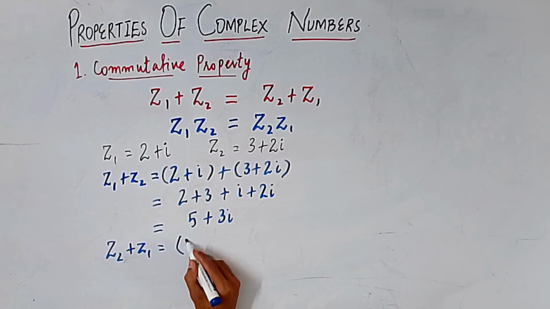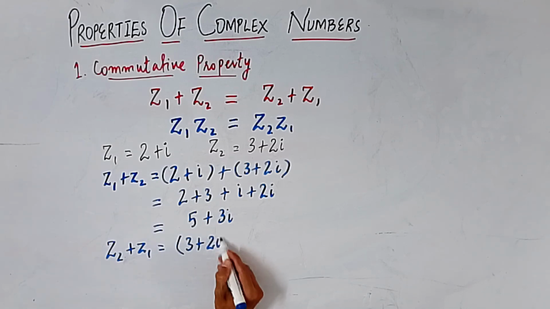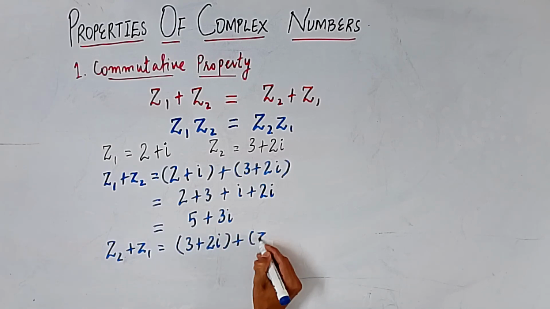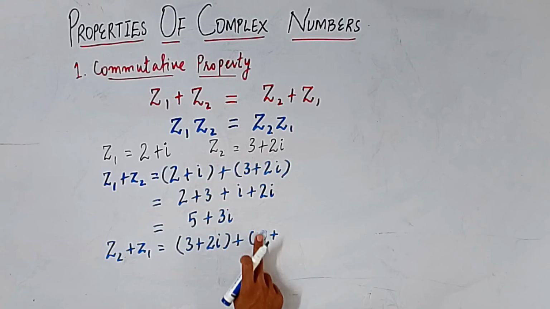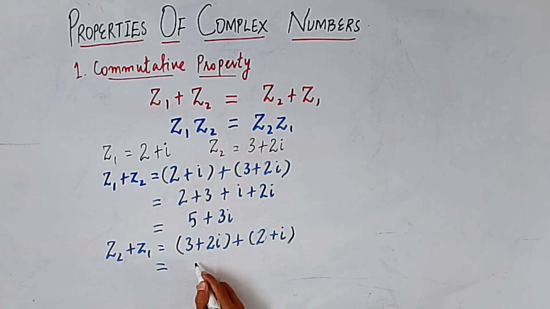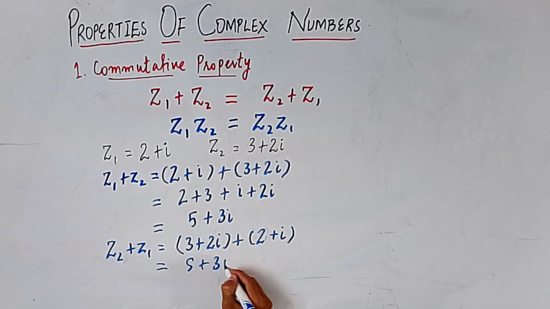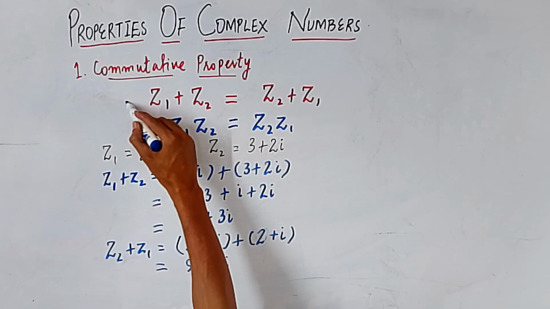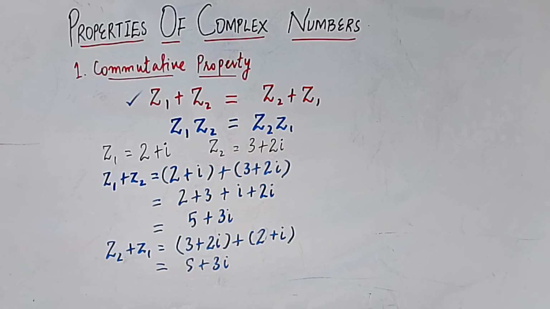So you will get 3 plus 2 iota plus 2 plus iota. Here 3 plus 2 is 5 and 2 plus 1 is 3 iota. So you can see that commutative property of addition is proved.